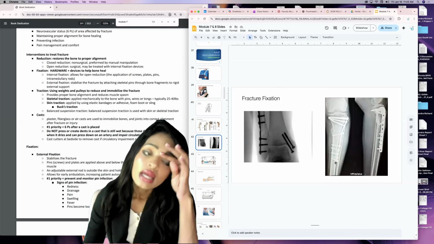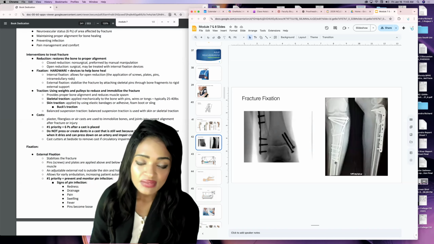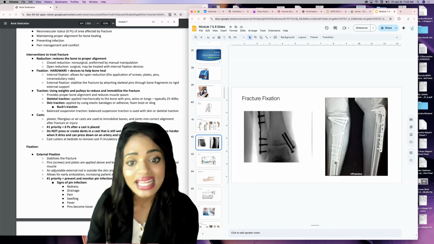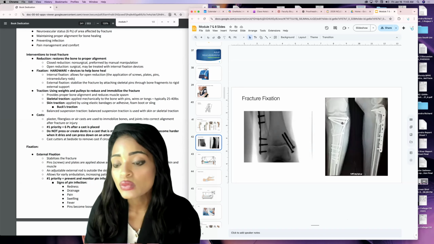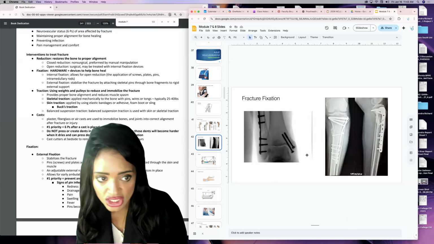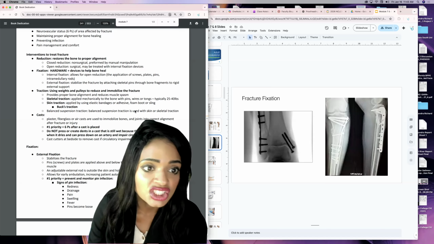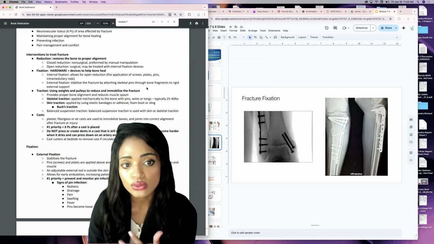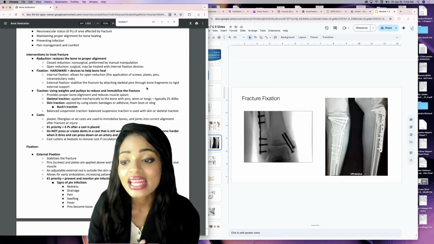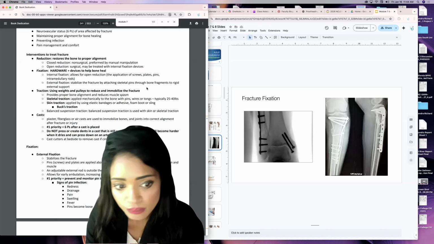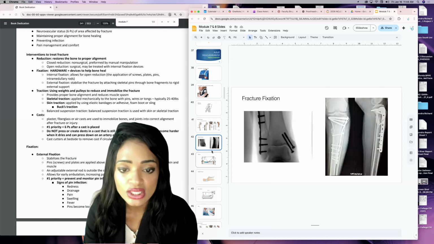There are two types of fixation, internal and external. This is what we call internal fixation. Internal fixation is the application of screws, plates, pins, and rods. Very good.